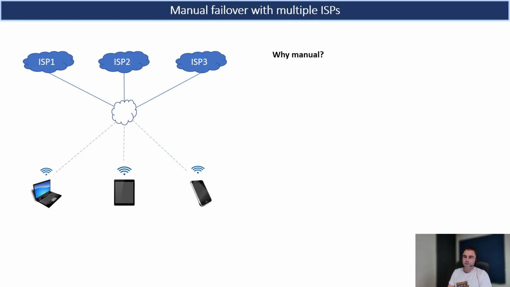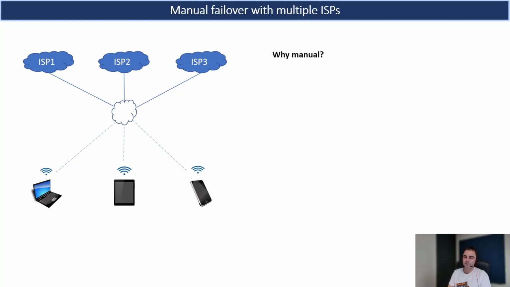And automatic failover is actually very cool, and it has one very big advantage: less downtime. And the connected devices maybe will not even notice that something is going on in the network.